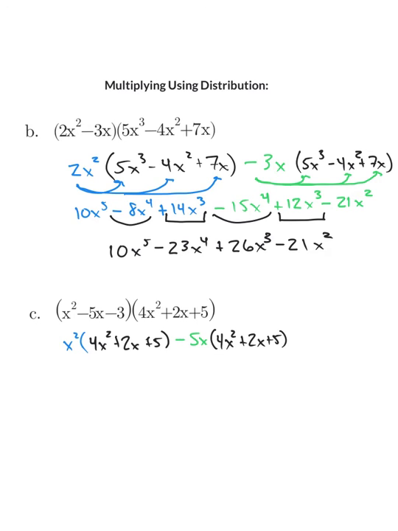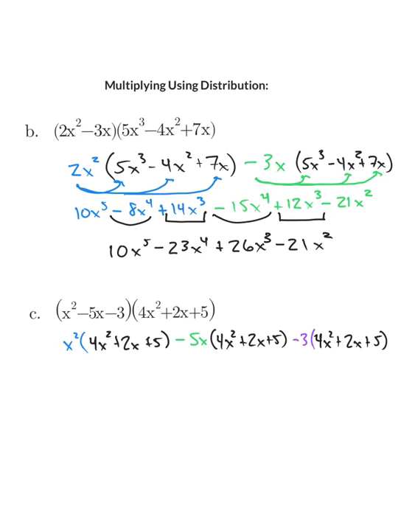And then I want to multiply negative 3 times 4x squared plus 2x plus 5. Okay, so let's break this down into each one of these individual problems.